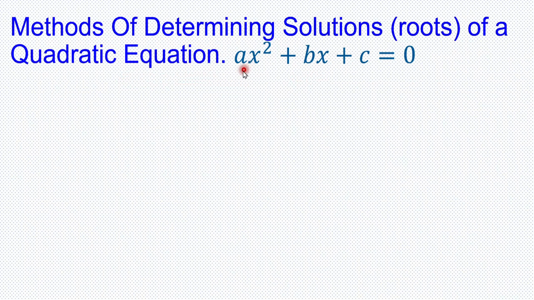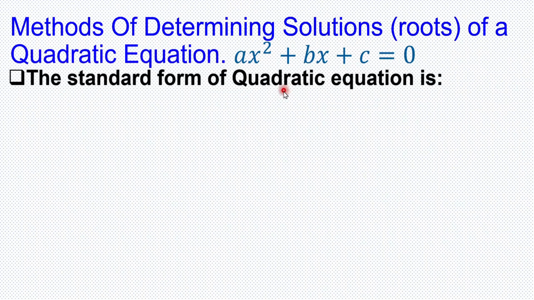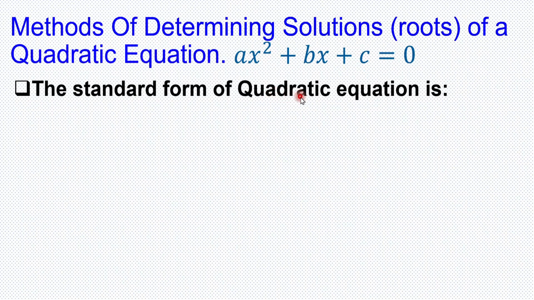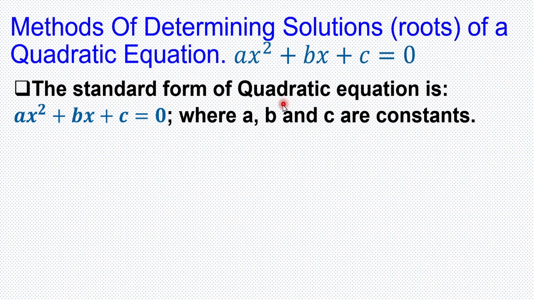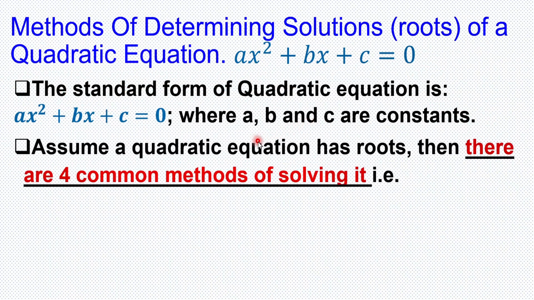The quadratic equation is in the form ax squared plus bx plus c equals 0, and we are saying that the standard form of a quadratic equation is ax squared plus bx plus c equals 0, where a, b and c are constants. And we assume a quadratic equation of this form has a solution or roots.